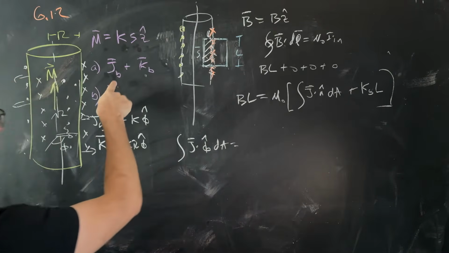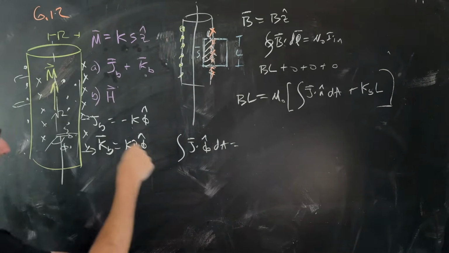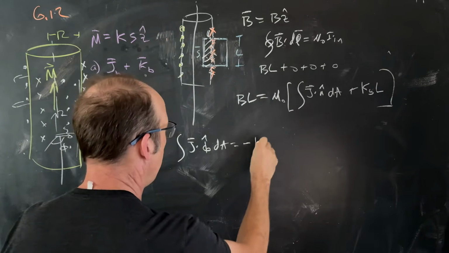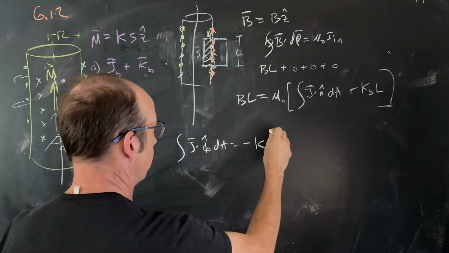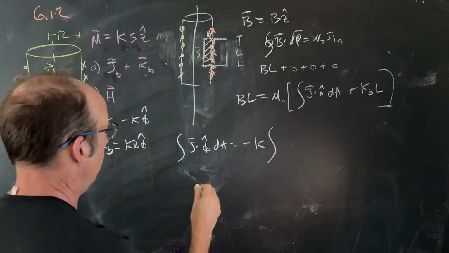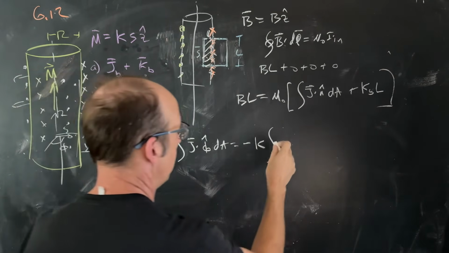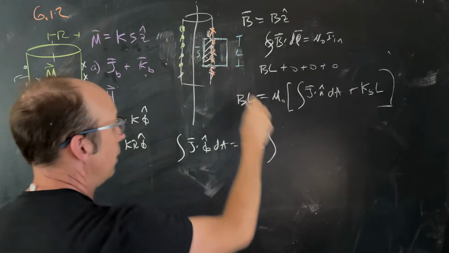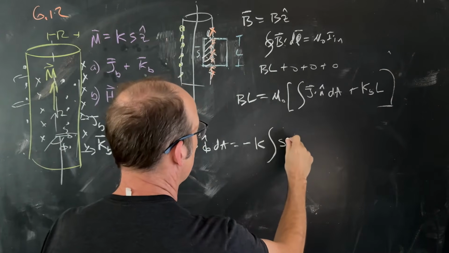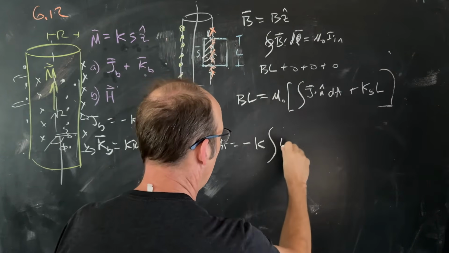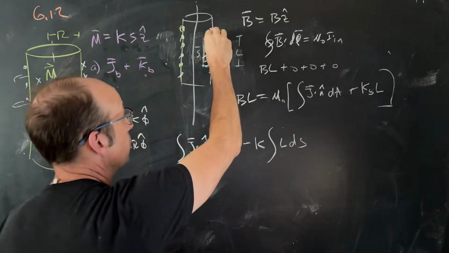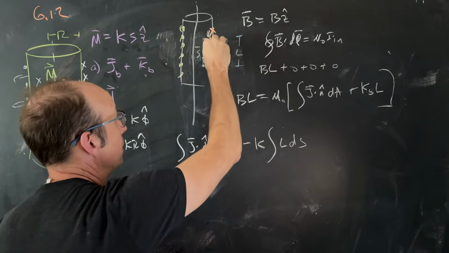So notice that J is in the phi hat direction. So I actually get negative K times the integral of dA. And so dA is actually going to be equal to L ds, right? So we can break this into tiny little pieces like that.